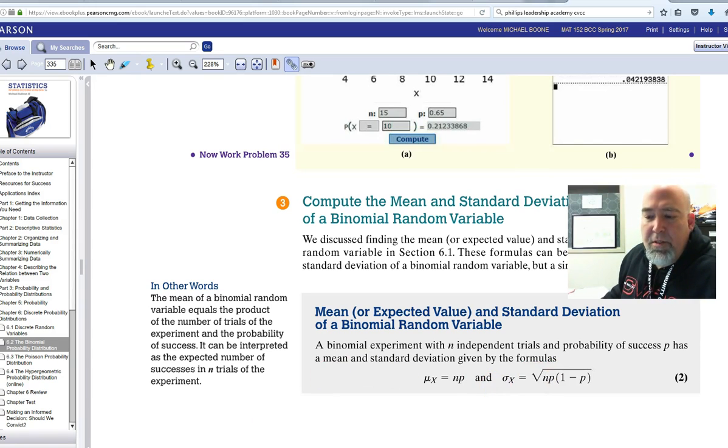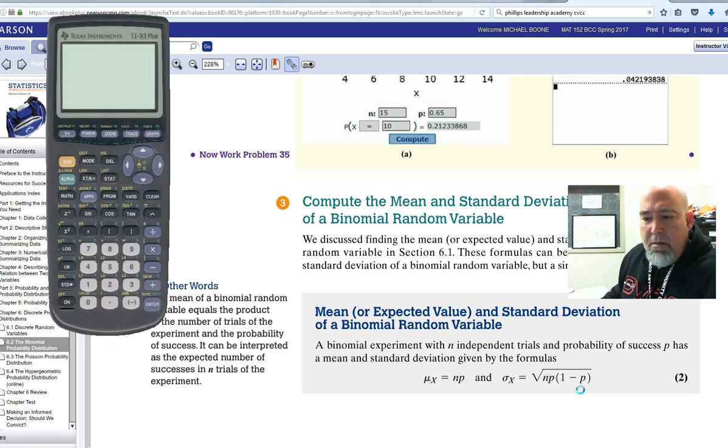So let's do that real quick just to verify and figure out a standard deviation to see how to do it with the calculator. If I am looking at n times p, of course that's 8.